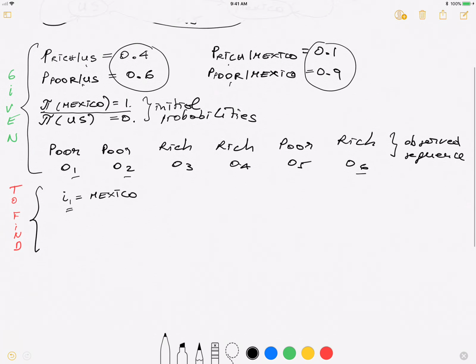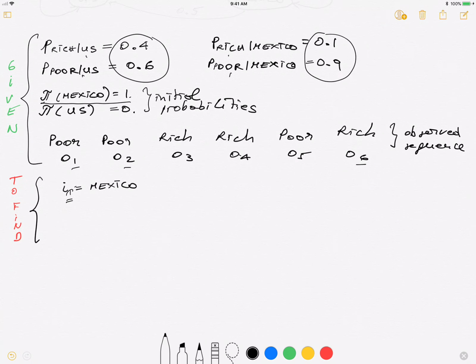The first state at time 1 was Mexico. This is the state at time 1, and I can call this Q1.